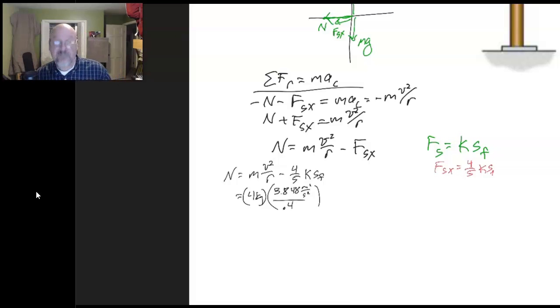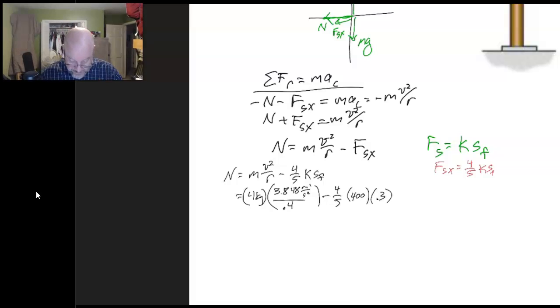So there's my m v squared over r term. Now I've got to do the x component of my spring: minus 4/5 times 400 times 0.3. There we go.